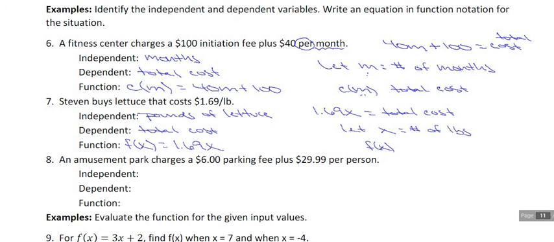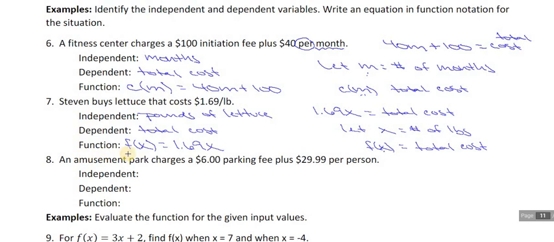The second piece that I'm writing is just to help you see what our output, our y value, our f of x, c of m, g of x, whatever it may be, actually represents. So our f of x in this case equals our total cost relative to the number of pounds that are put in.